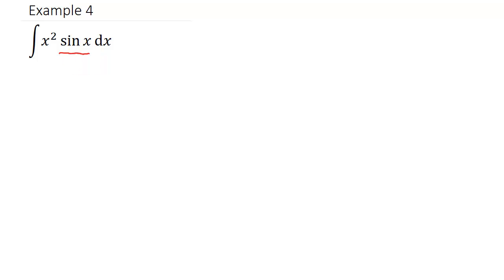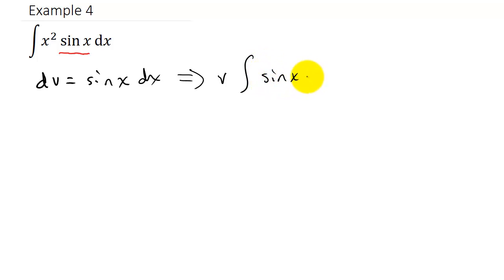All right, so I'm going to let dv equal sine x dx, and so that means v is the integral of sine x dx.